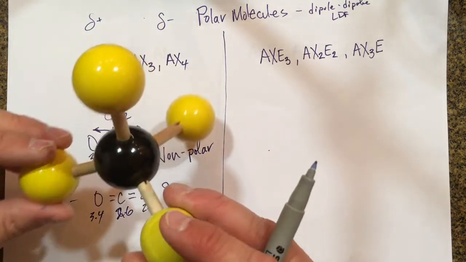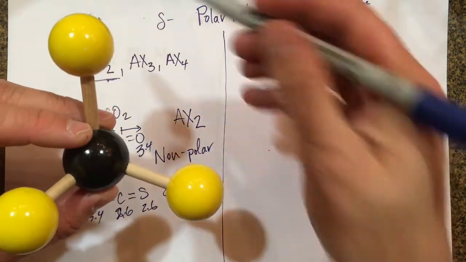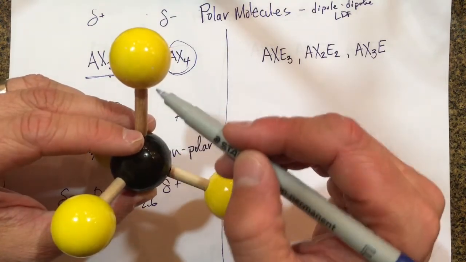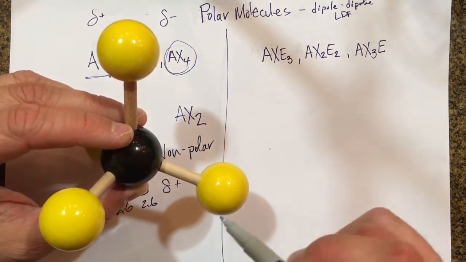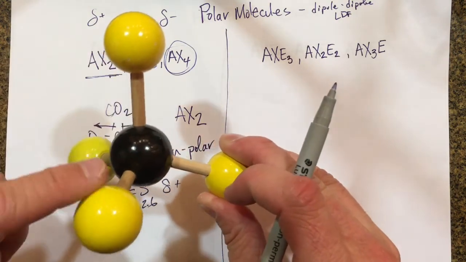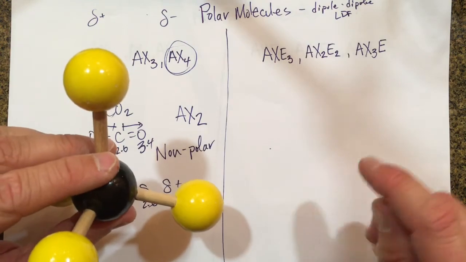So if I look at a tetrahedral shape, in this case, it's AX4. The AX4 has got electrons being drawn in 4 equal opposite directions. So if they're all the same kind of atoms, it's going to be a nonpolar molecule.